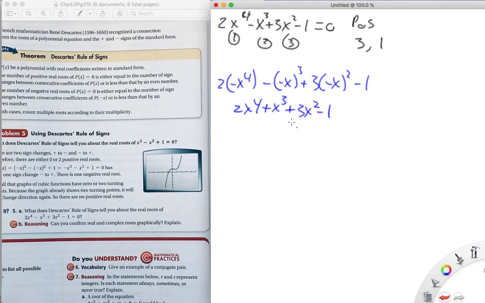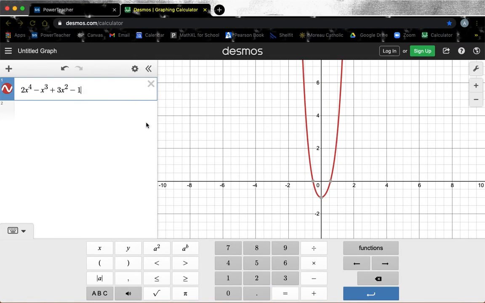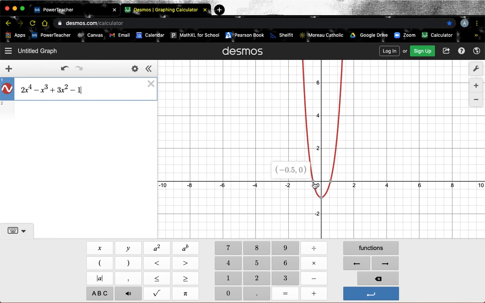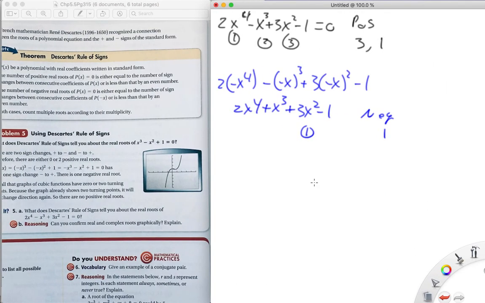So I only have one change here. So for negative roots, I only have one. So I should have one negative or one positive or 3. So we can always check the graph. And looky, I have one positive root and one negative root. So the graph confirms that I have one positive and one negative root.